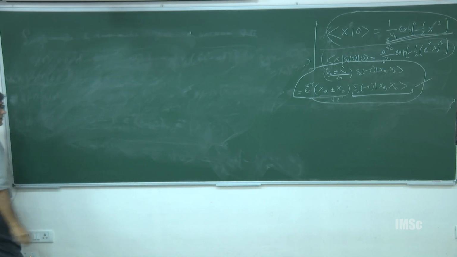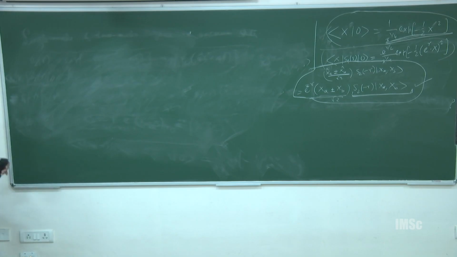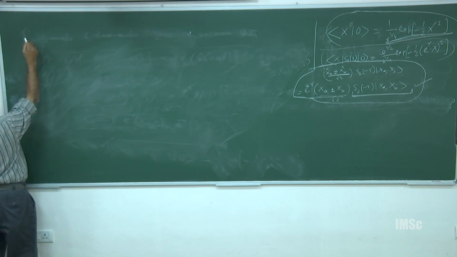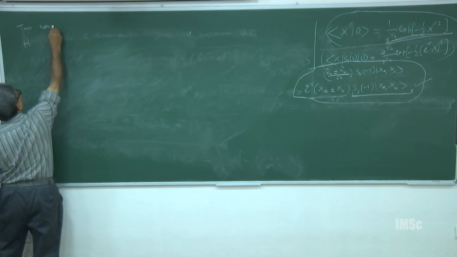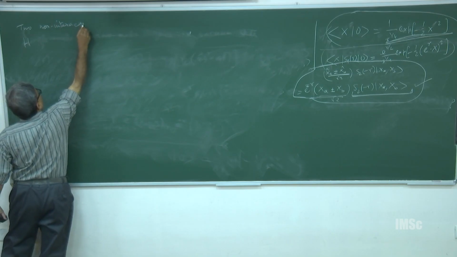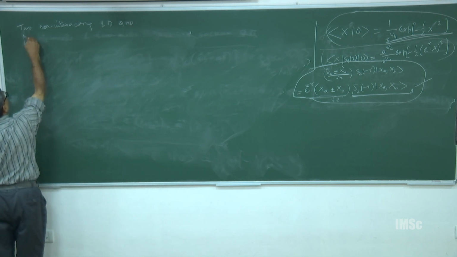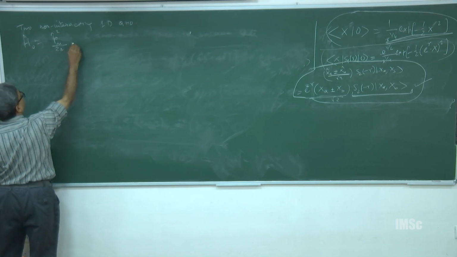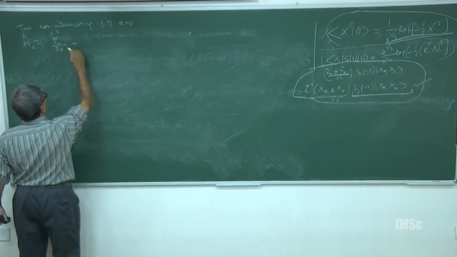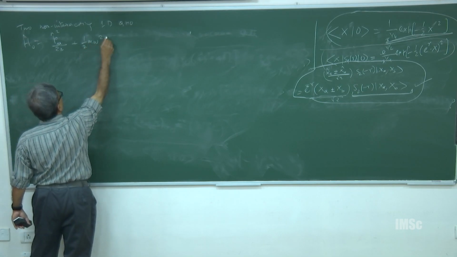So let us take a system of two one-dimensional quantum harmonic oscillators, and they are quadratically coupled. So if I take just two non-interacting 1D quantum harmonic oscillators, then their Hamiltonian is Pa square by twice m plus half m omega square qa square.